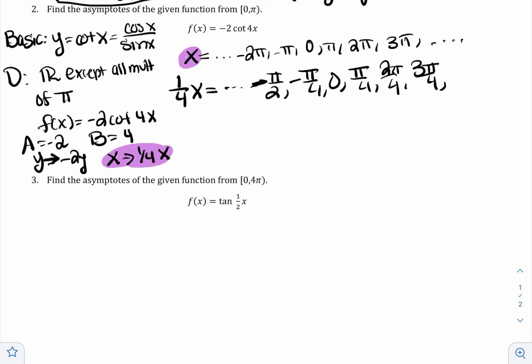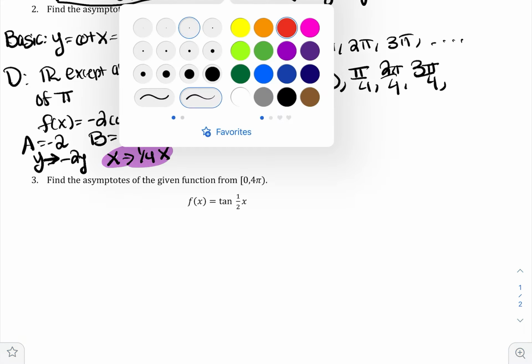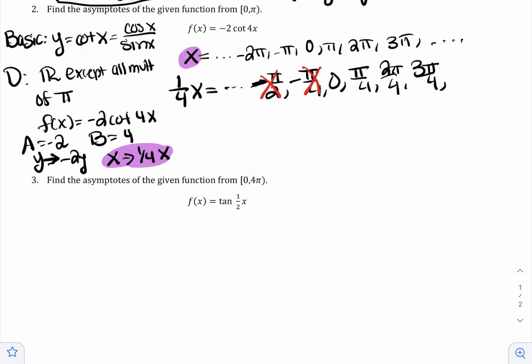Already I can tell that these are going to be out because my interval is 0 to pi, including 0, not including pi. So the next one in my list would be 4 pi over 4, then 5 pi over 4, then 6 pi over 4. But 4 pi over 4 is equal to pi, and if you look at the interval, it has an open bracket, so you can't include that as part of your answer.